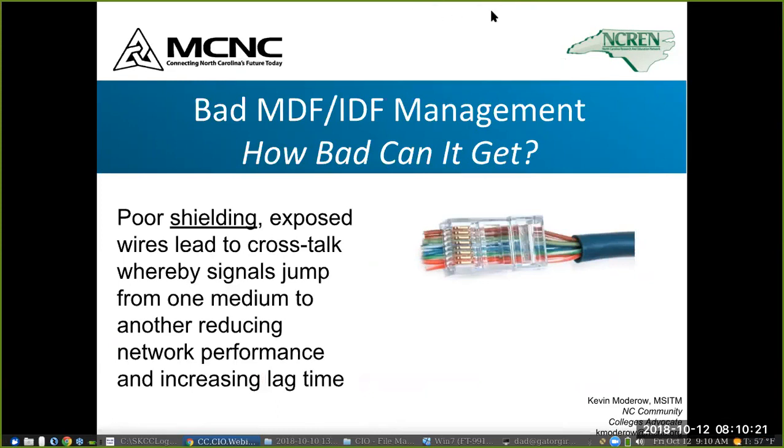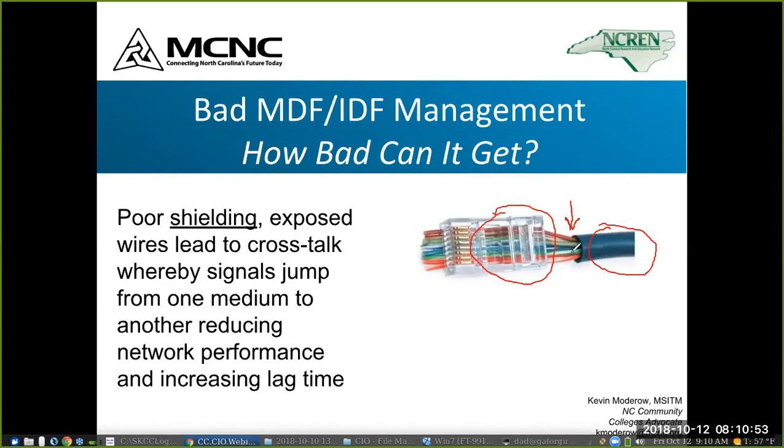We very often have to terminate our own cables, or for other reasons, cables getting pulled on excessively or just aging. This situation happens here where the shielding is not meeting the RJ45 connector, and that results in some exposed wires here that are carrying our signals.